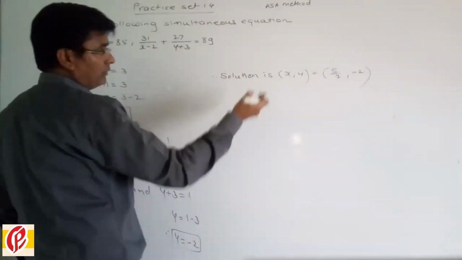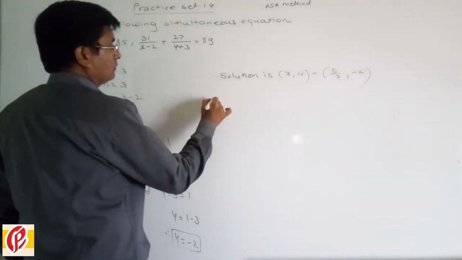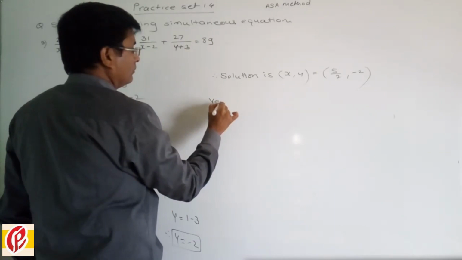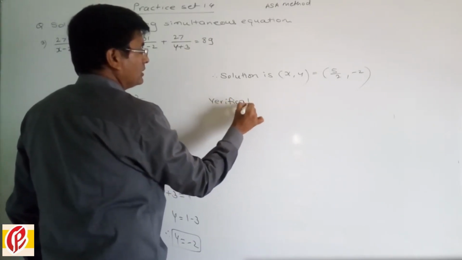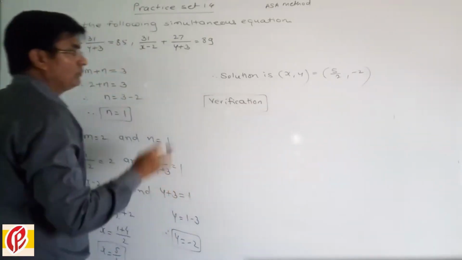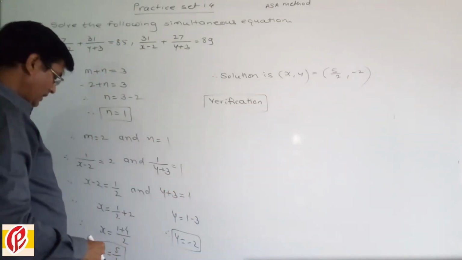Now we can check whether our answer is correct or not by putting these values in this equation. So, verification. Actually this verification is not necessary to write in the exam. You can just check your answer.